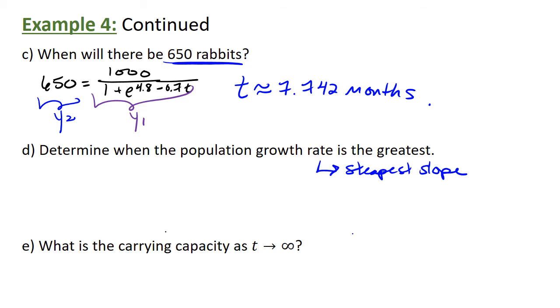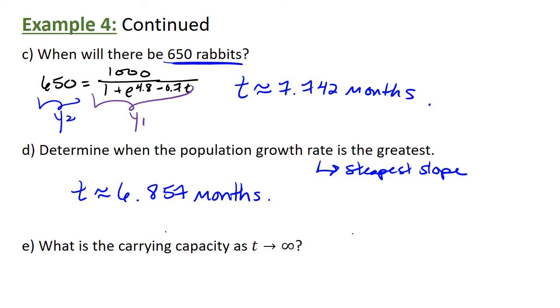What you can do on your calculator is graph the slope or the derivative and then find the maximum. Otherwise, you can do a guess and check type of thing and see when the slope appears to be the steepest and do some more calculations. But you should find that this is approximately 6.857 months.